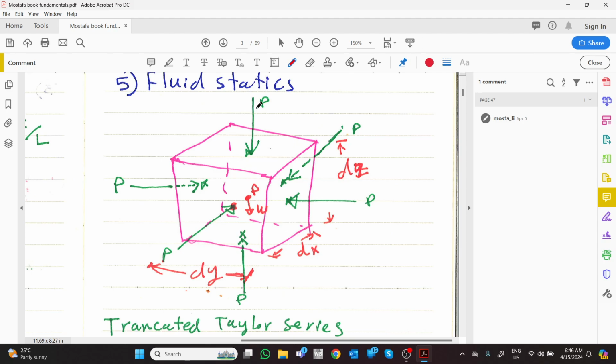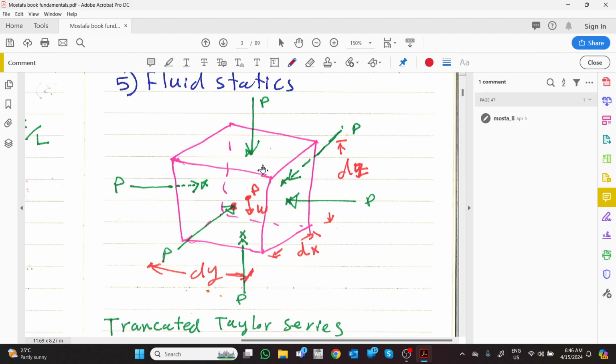We can assume there is a pressure here, but the interaction of all these pressures at this point, we cannot know, because I don't know, maybe this one is 10 pascal and this one 1 pascal. So the resultant here will not be equal. So we cannot generate a general form if we extend it.